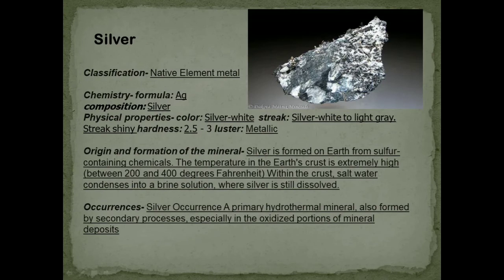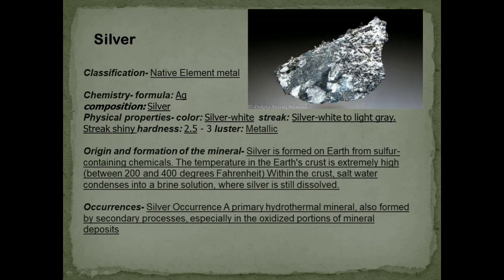And for the second one, we have Ag, or silver. Silver's crystal symmetry is isometric and its crystal form is cubic. The color of silver is silver white. The streak is silver white to light gray. The hardness is 2.5 to 3, and the luster is metallic. Silver is formed on the earth from sulfur-containing chemicals.